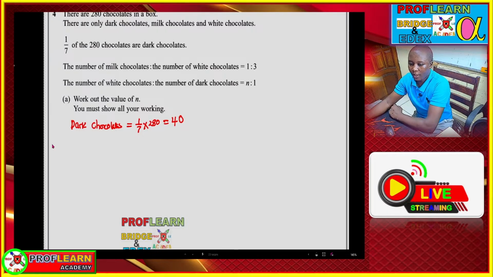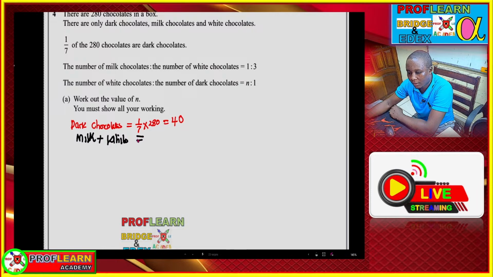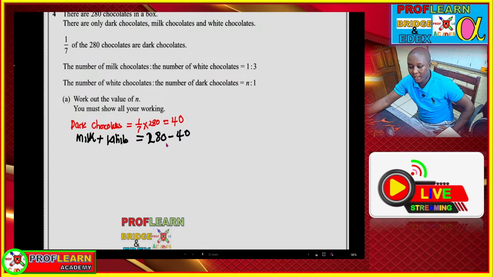Okay, so if we want to find the total number of milk plus white chocolates, that is going to be 280 minus 40.